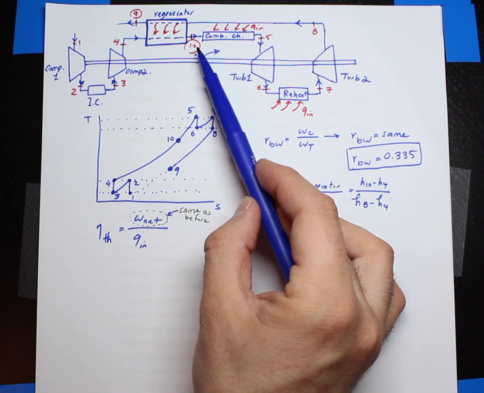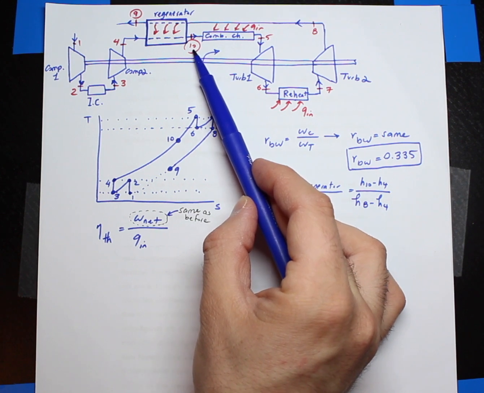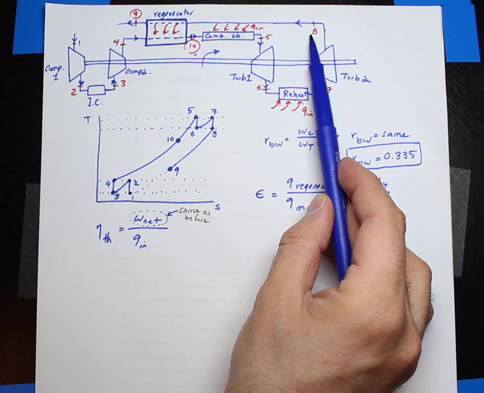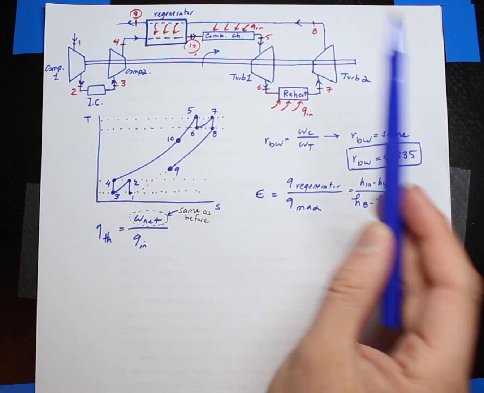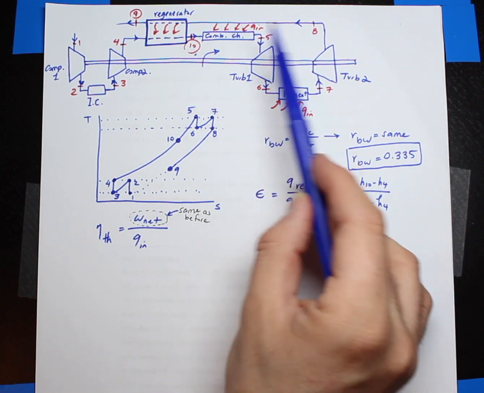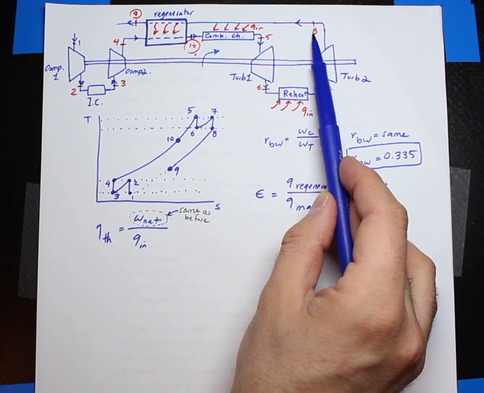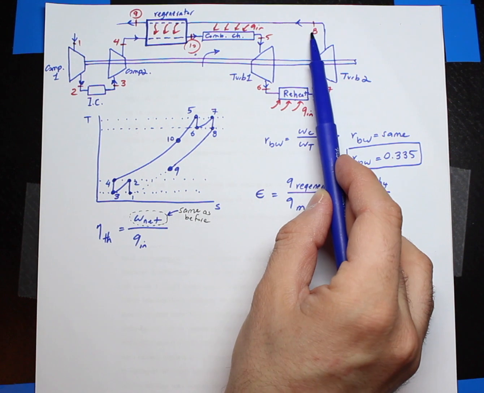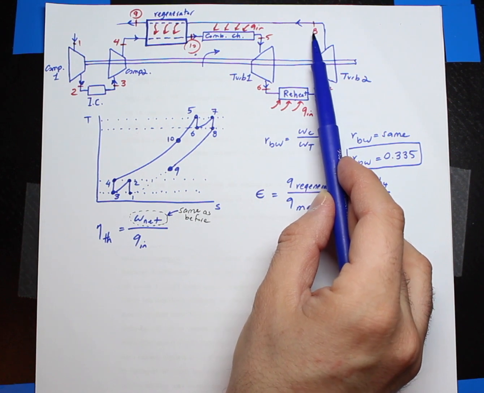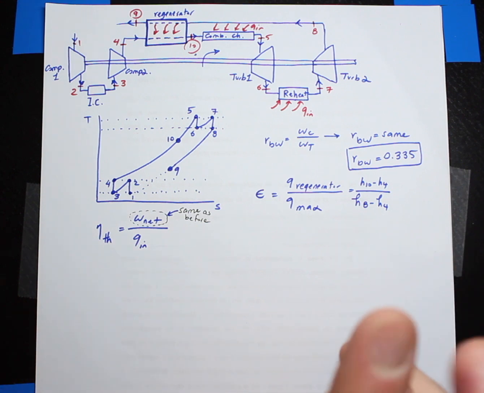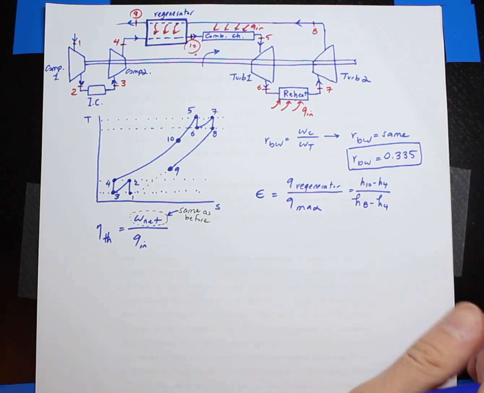There is no way that the temperature at point 10 can be greater than the temperature at point 8. In fact, in real life, H10 is also never equal to H8. H10 is always less than H8. So that's why we say that H8, or T8, the temperature at point 8, is the maximum theoretical possible temperature.